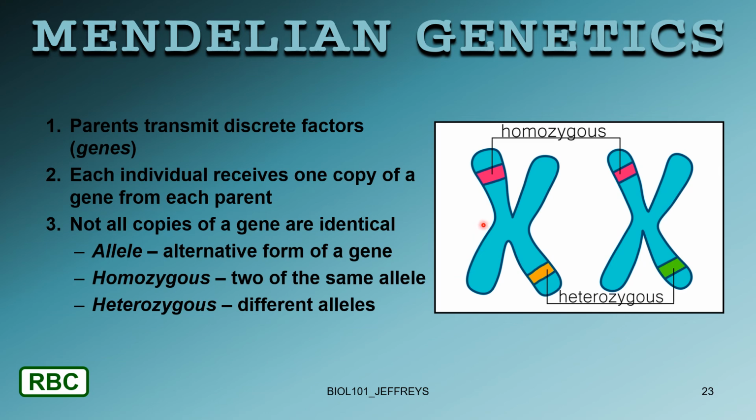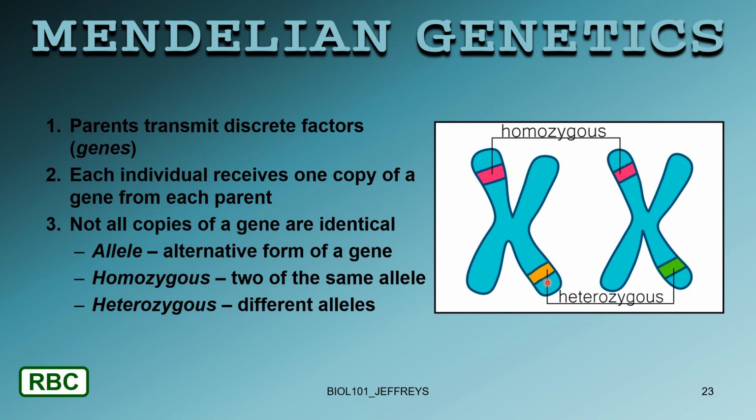Right, so here we have 2 genes on this plant. If you're just focusing on the purple here, these genes are the same, so that would be a homozygote. And then here we see the yellow and the green. They're different.